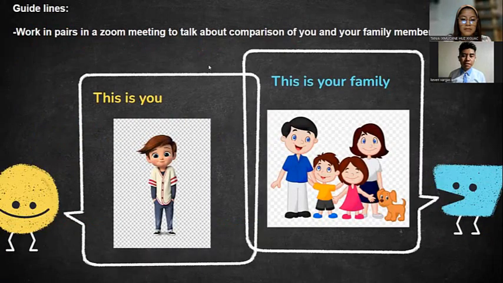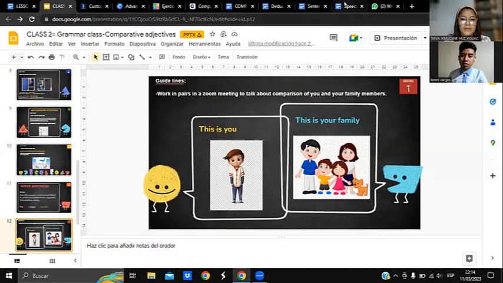And so far we have seen that they have to work individually, but it is also very important to work in groups or collaboratively. So they are going to be working in pairs in a Zoom meeting to talk about a comparison of them or their families. So it is going to be collaborative work, and it is part of the creating level of Bloom's taxonomy.